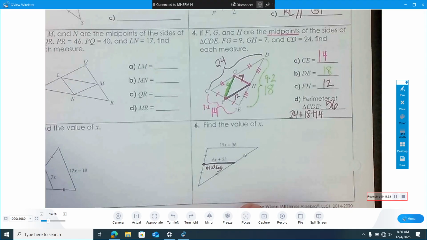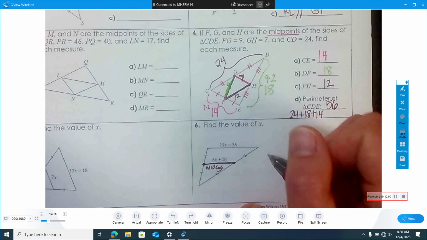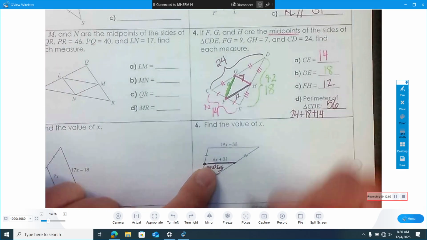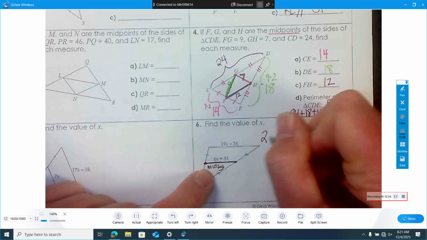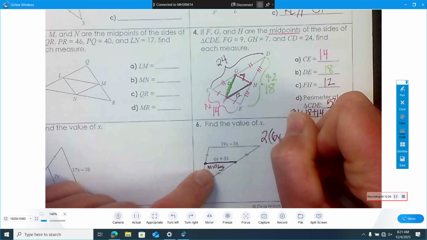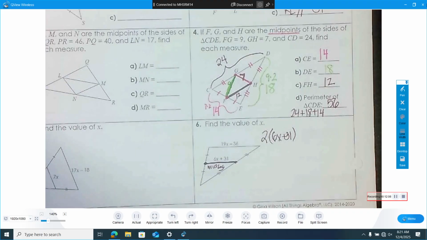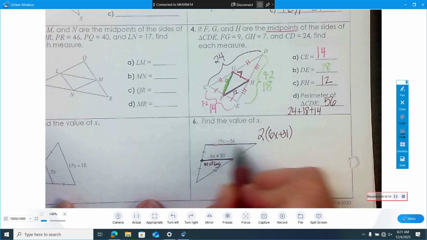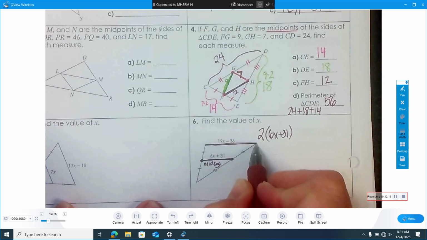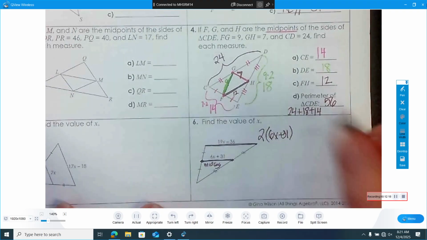12x plus 62. Okay, because you've got to double it? Yeah, okay, 2 midsegments. So twice our 6x plus 31. The midsegment is half as big. If we double it, we'll get that third side. It's bigger. This is clearly longer than the midsegment, right?